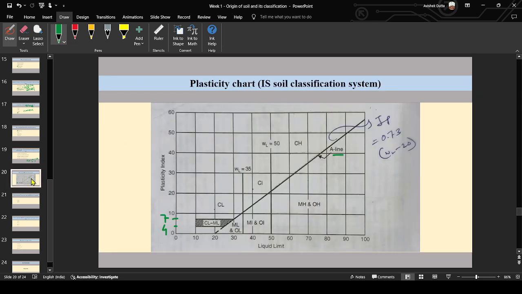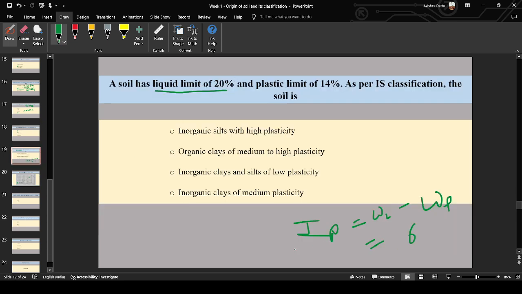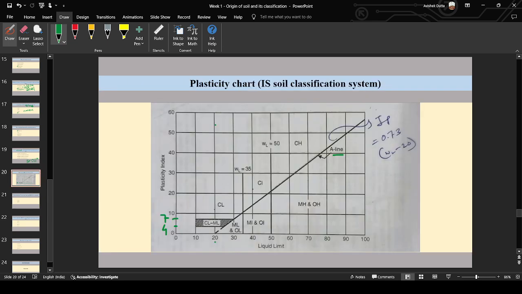So we mark the liquid limit of 20 in the chart first, this vertical line. The plasticity index we found is 6 on the y-axis, lying between 4 and 7. That means this zone, so this point is somewhere around here where M is written. So this is falling in the shaded region.